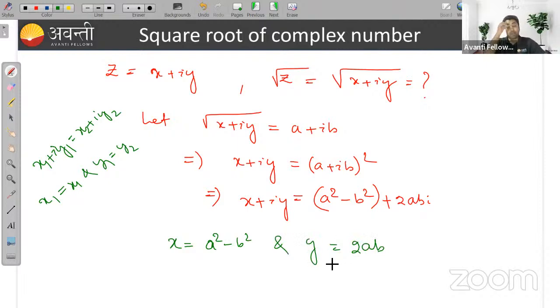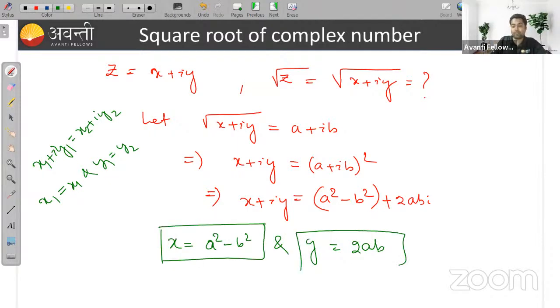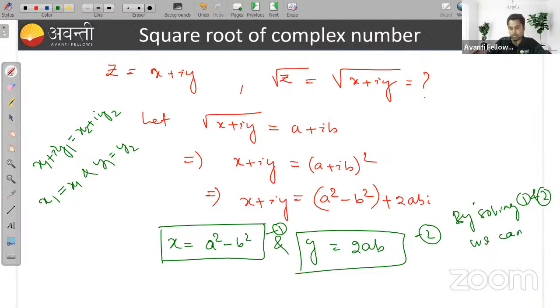Now if we solve these two equations, by solving equations 1 and 2, we can get a and b.